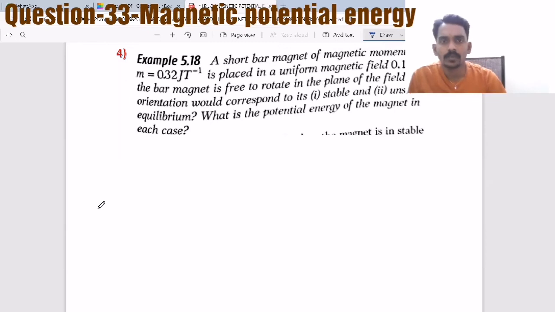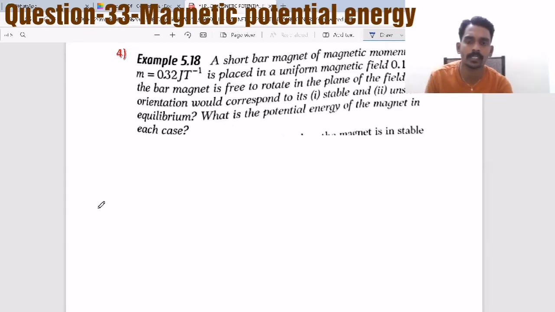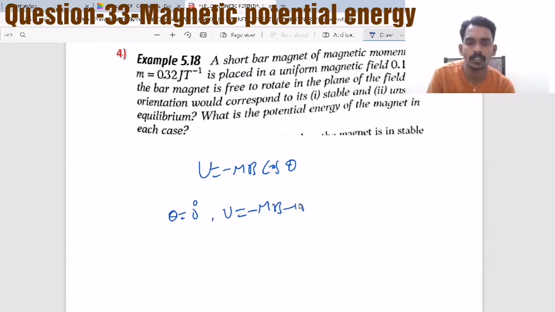Now, the next question: a short bar magnet of magnetic moment m is placed in a uniform magnetic field. If the bar magnet is free to rotate in the plane of the field, which orientation would correspond to its stable and unstable equilibrium? What is the potential energy of the magnet in each case? Now, generally potential energy is minus MB cos theta, as we discussed. So theta 0 degrees means U is minus MB, that is minimum, which we call stable equilibrium.